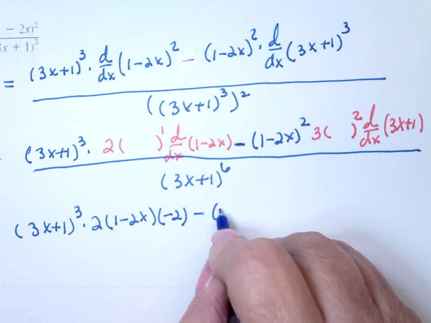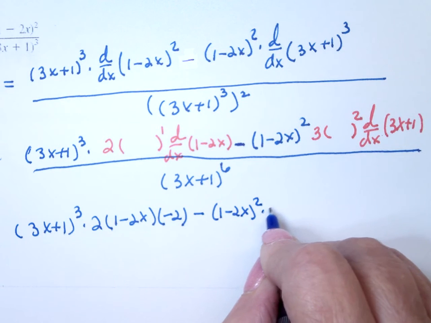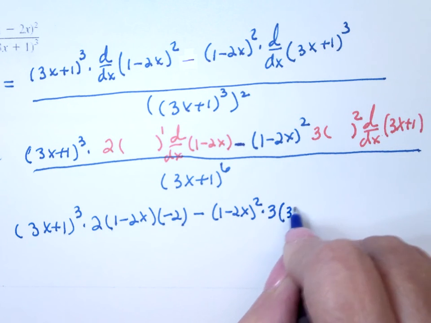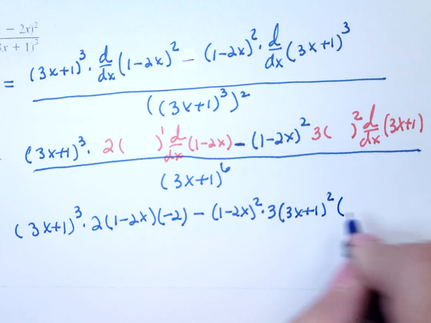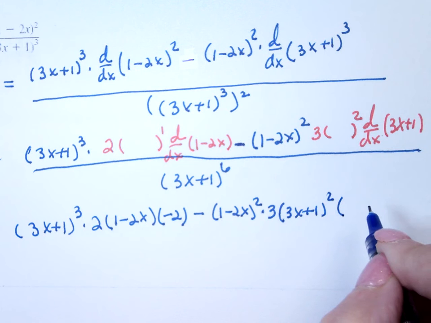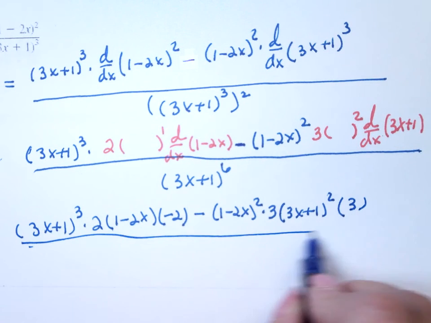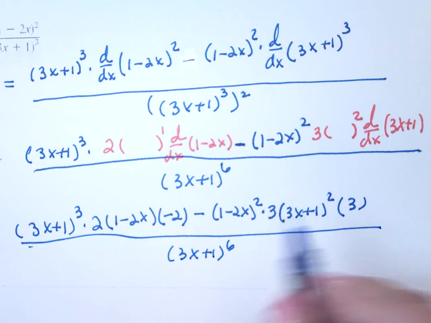Minus 1 minus 2x squared times 3 times 3x plus 1 squared. And what's the derivative of 3x plus 1? 3. All over 3x plus 1 to the 6th.